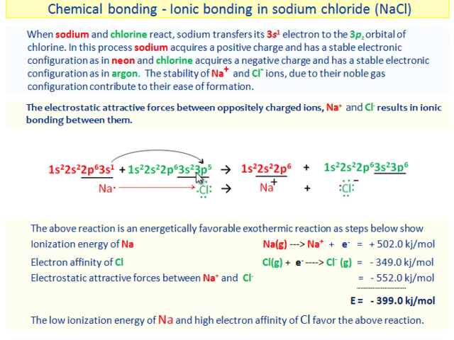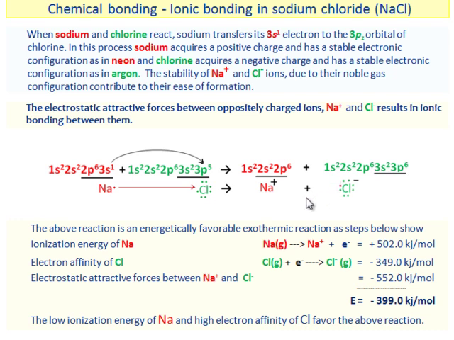In this process, sodium acquires a positive charge and has a stable electronic configuration as in neon. Chlorine acquires a negative charge and has a stable electronic configuration as in argon.